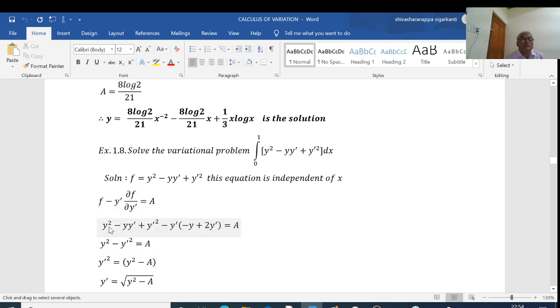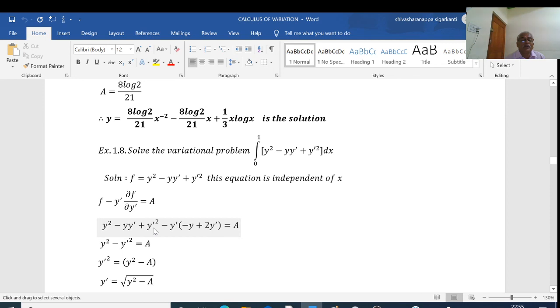So this is y square minus y dash plus y dash square, minus into minus gives plus. This plus y dash minus y dash gets cancelled, and minus y dash into 2y dash is minus 2y dash square.